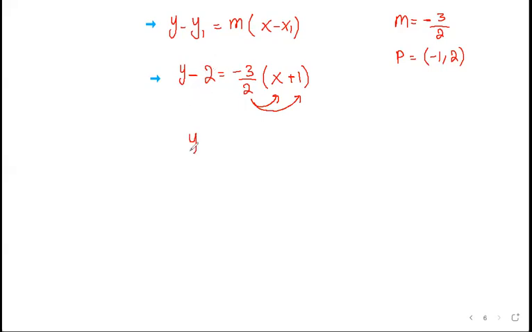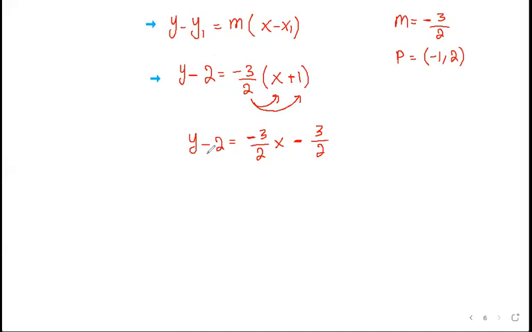So y minus 2 equals minus 3 over 2 x, minus times positive is minus 3 over 2 times 1 is 3 over 2.